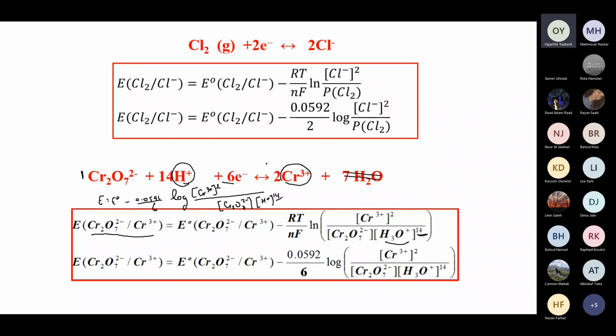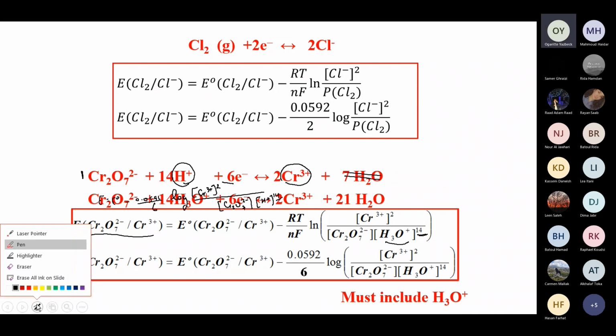So the first thing I have to do if I have any cell, if the concentrations are not standard, is get the new E of each electrode in the cell, and then I say E cathode minus E anode.